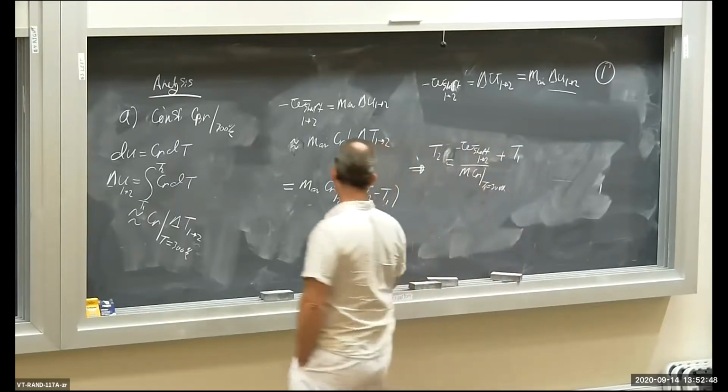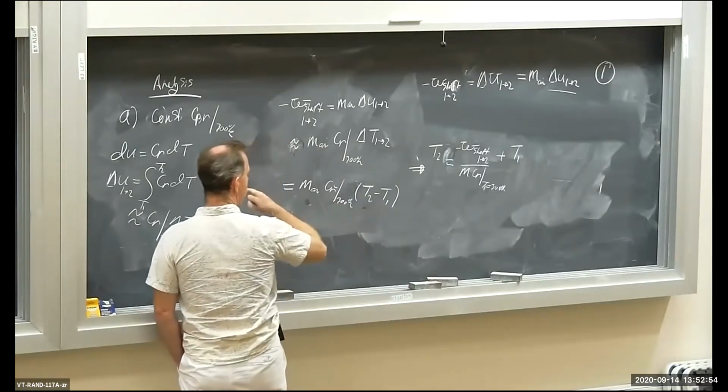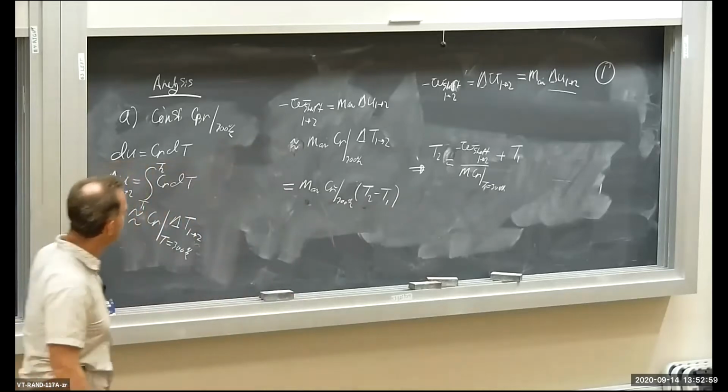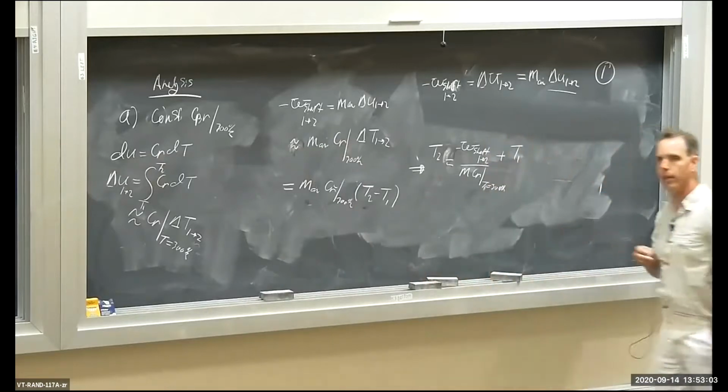I divided both sides of the equation by m air Cv, and then I took the T1 over to the other side of the equation and flipped the equation. So T2 is equal to minus W shaft over m Cv plus T1.